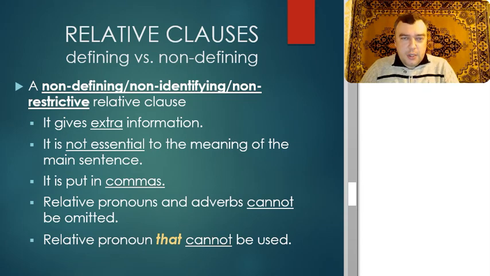A non-defining relative clause must have its relative pronoun and adverb in place. The relative pronoun that, the universal relative pronoun, cannot be used in non-defining relative clauses. So only who, which, whose, where, when, and why. But no that.